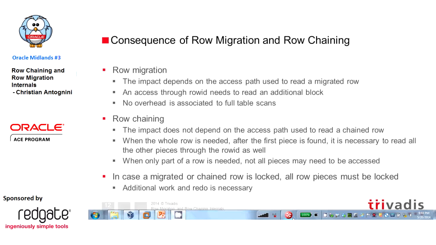From a performance point of view, the impact depends on the kind of access path you have. Why does it depend on the access path? Because remember, a migrated row is completely stored in one block. It doesn't contain part of the information here and part there.